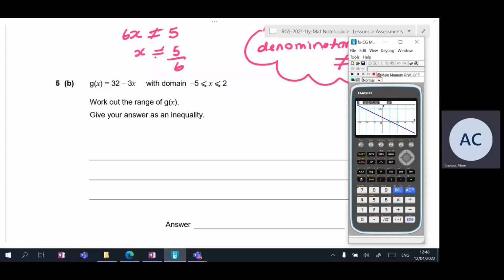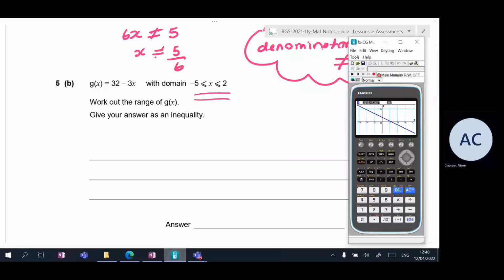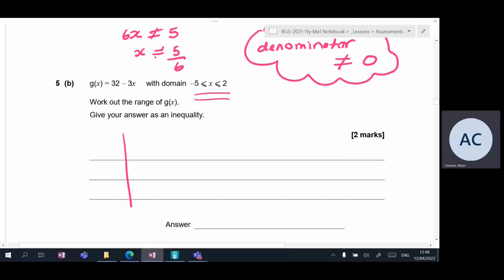There we go. It's a good idea to change your view window so it matches the domain. So we only want it between minus 5 and 2. So I'm going to go to my view window and change my minimum x to minus 5 and my maximum to 2, so we can see what portion of the graph that we've got. Okay, so I would always sketch the graph.